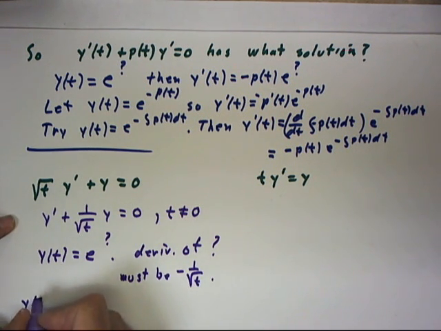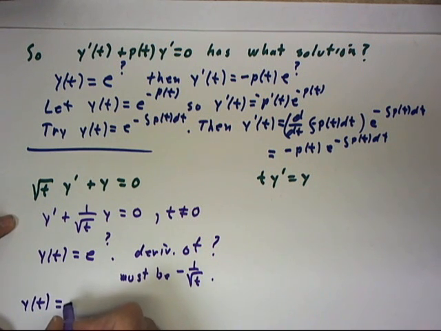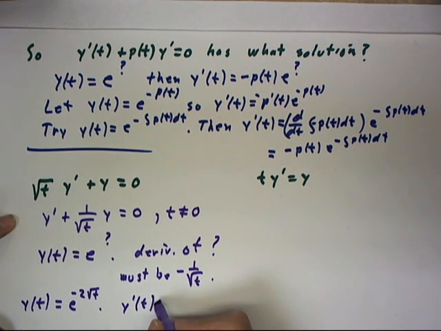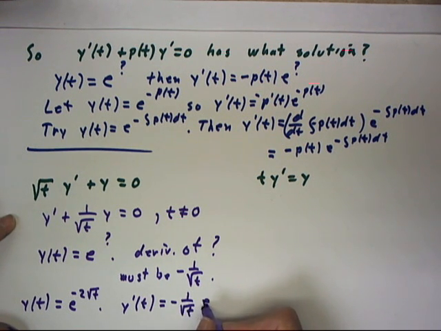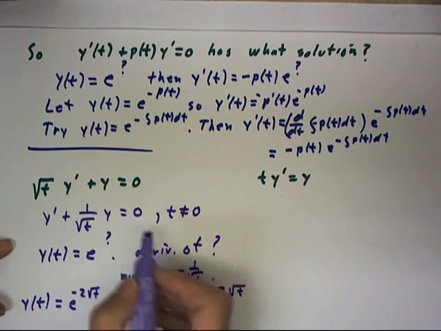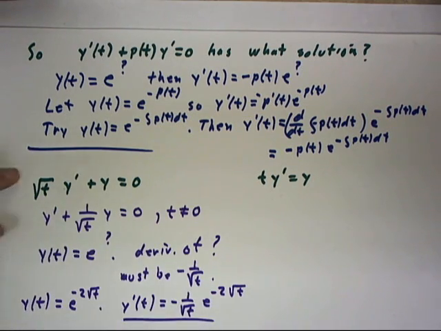Okay, so that y of t is going to equal e to the negative 2 square root of t. y prime of t then equals negative 1 over the square root of t times e to the negative 2 square root of t. And we can verify that this function satisfies the condition that we have here.